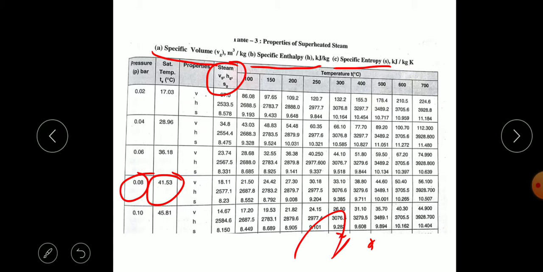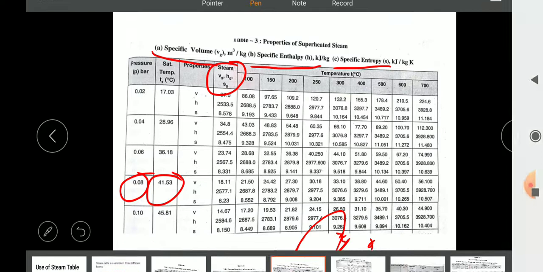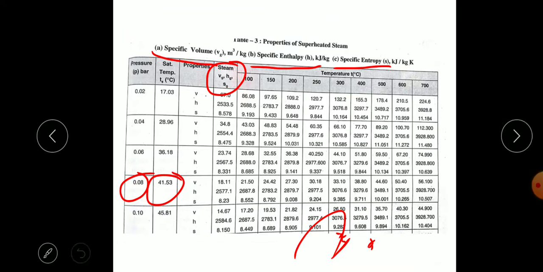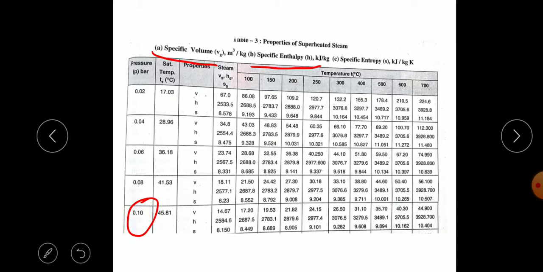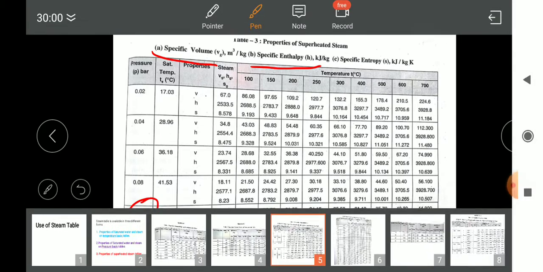So Sg, Vg properties are here, and now the steam may be superheated, so the superheating temperature is given. Suppose 10 bar pressure steam is there, and the superheating temperature is 250.